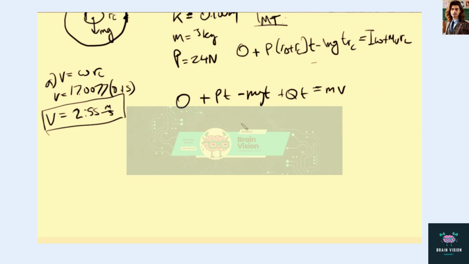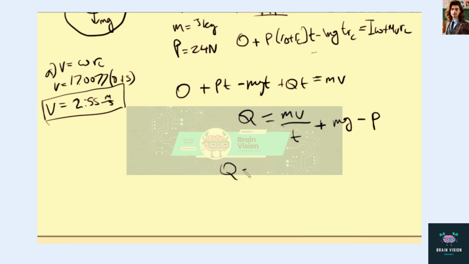So we have Q is equal to mv over t plus mg minus P. Okay.